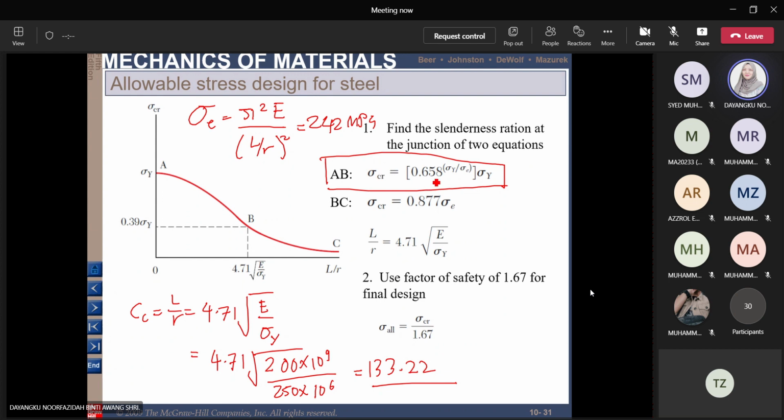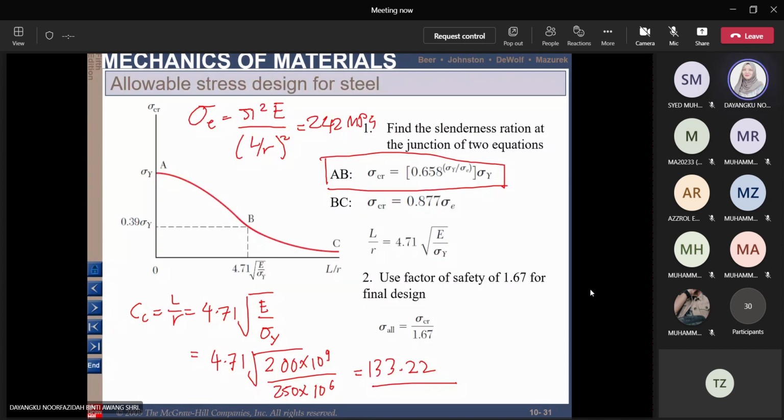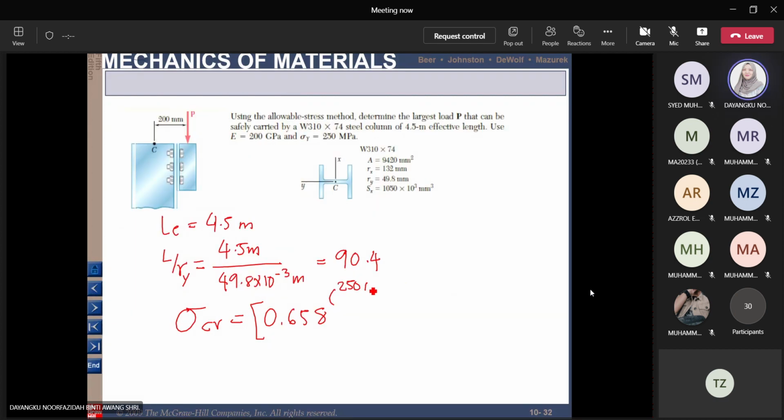You have 0.658 to the power of sigma Y over sigma E, where sigma Y is 250 MPa and sigma E is 242 MPa, so 250 MPa divided by 242 MPa, times the yield strength, 250 MPa.